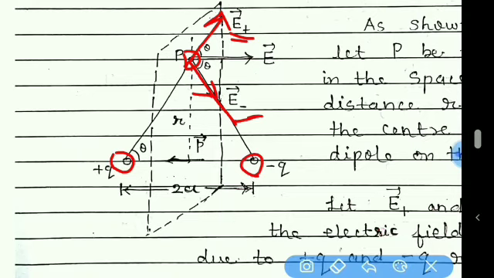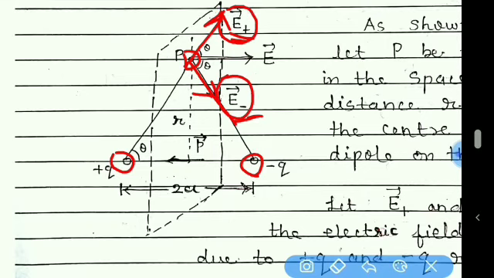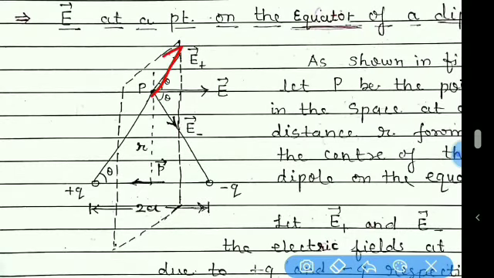So first we will find this E plus and E minus again by using Coulomb's law. So for this electric field E plus, we get two components, one along the horizontal line, that is along x-axis, and the other along y-axis.